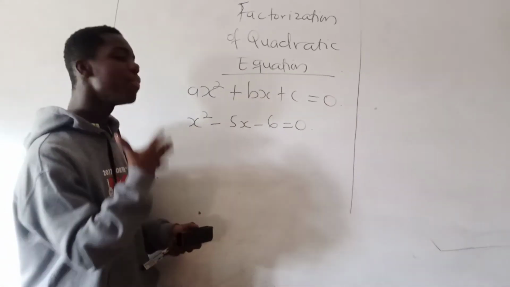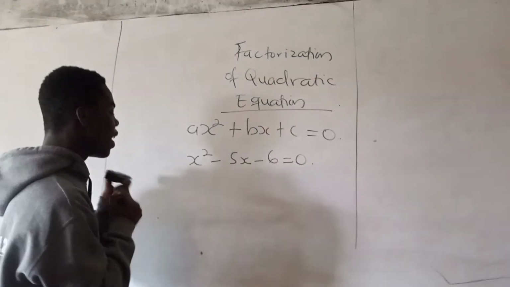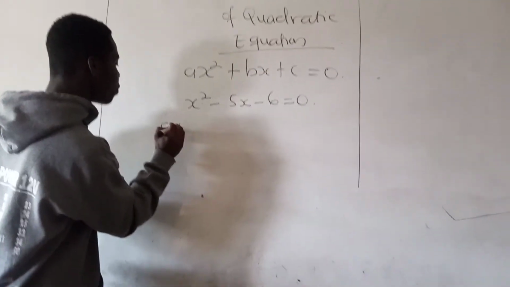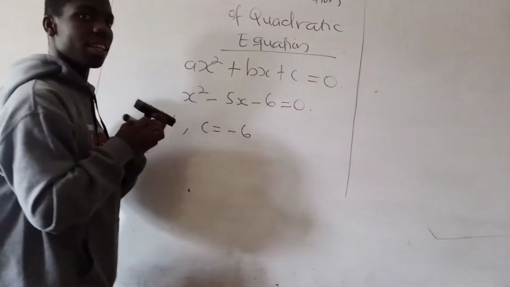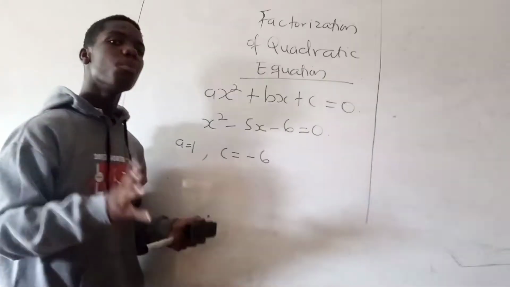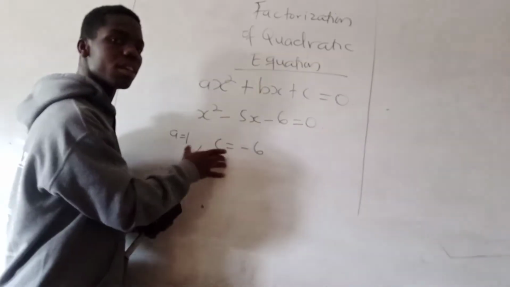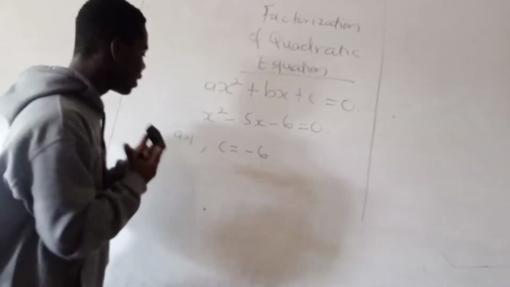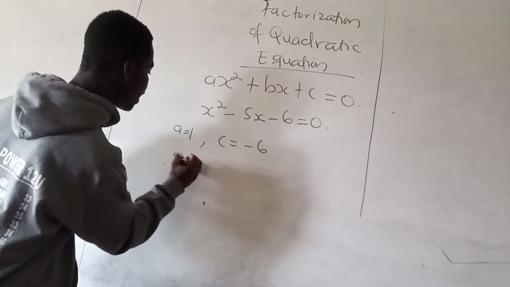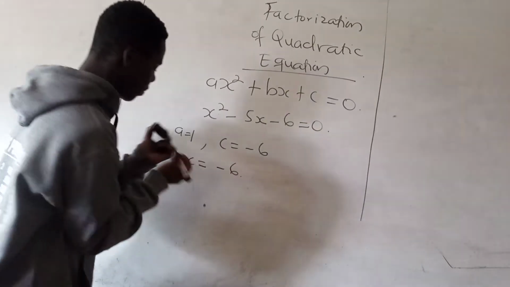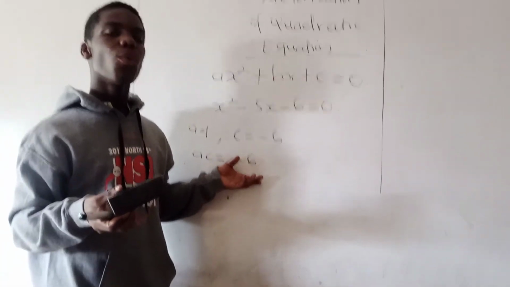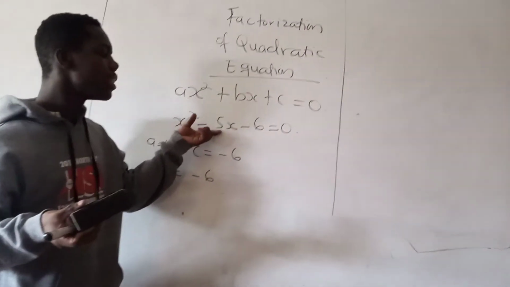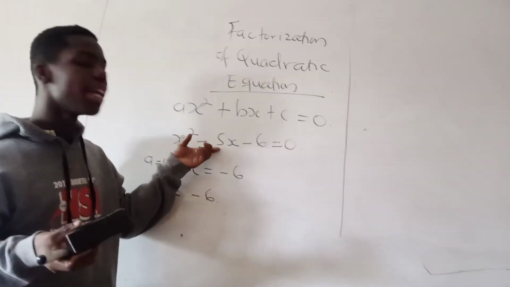The coefficient of x squared, a, is equal to 1, and c is equal to negative 6. You multiply these two constants, a and c, so you get ac equal to negative 6. Then you find the factors of negative 6. When you add them, you're supposed to get b, that is negative 5.